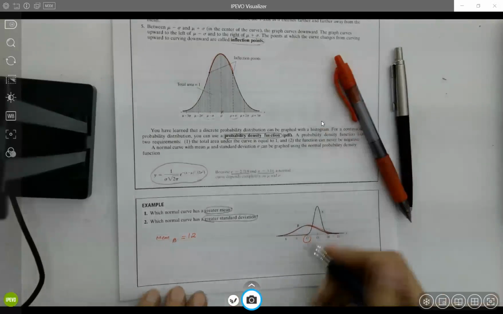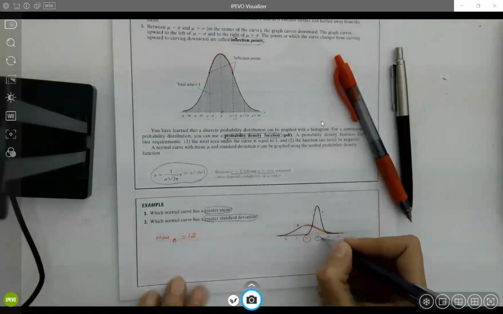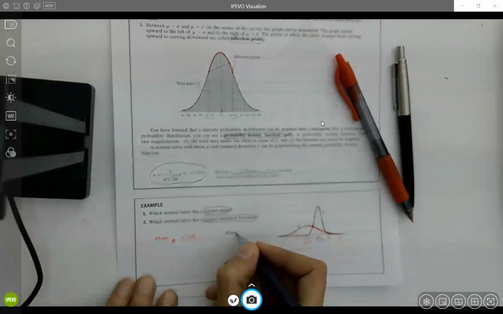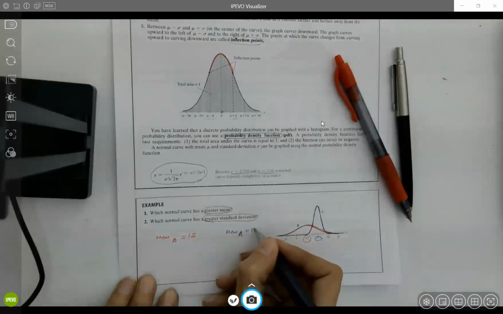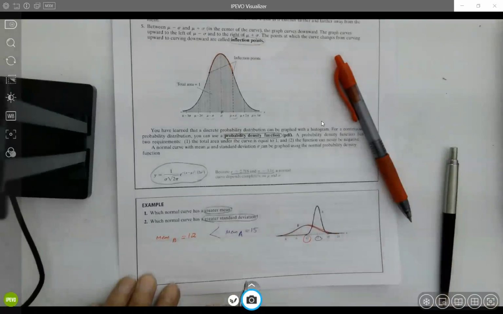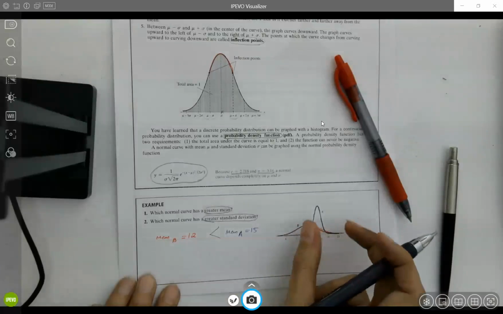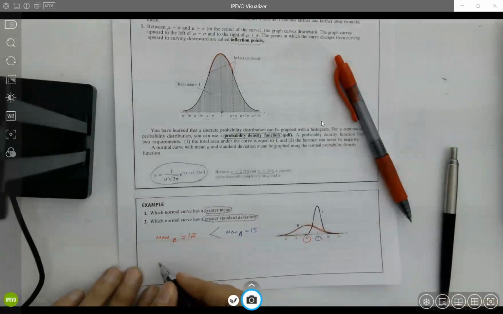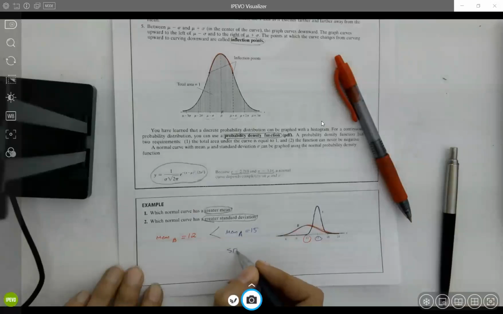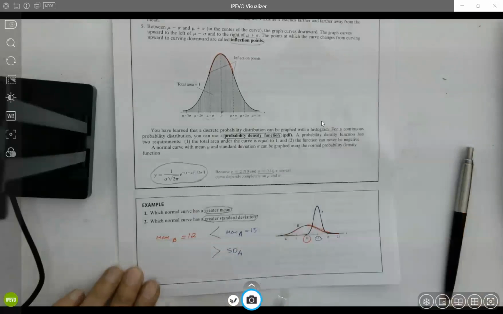And mean of curve A is actually equal to 15. As you can see, 15 is greater than 12. How about the standard deviation? Which graph is more varied? As you can see, your graph B is more varied than graph A. So, standard deviation of A is less than the standard deviation of B.